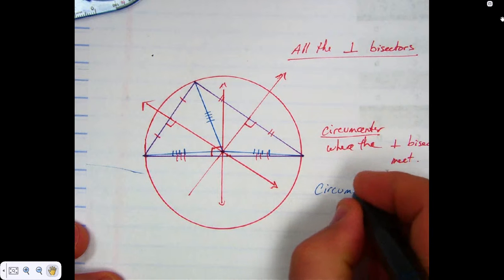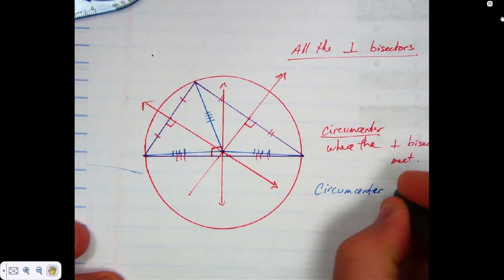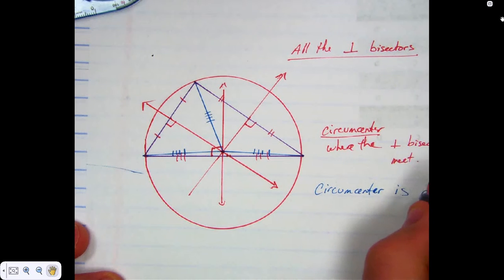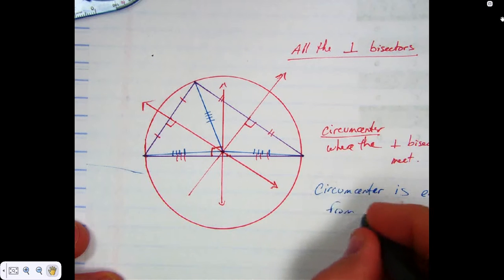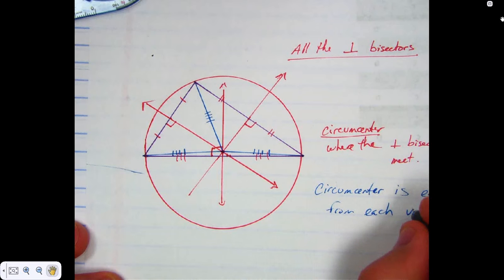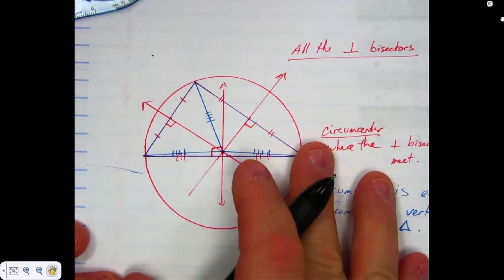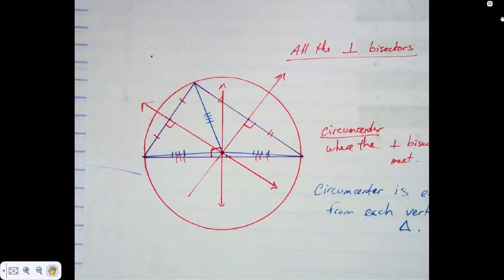Let's just try to understand this. Circumcenter is equidistant from each vertex of the triangle. The incenter is equidistant from each side of the triangle.